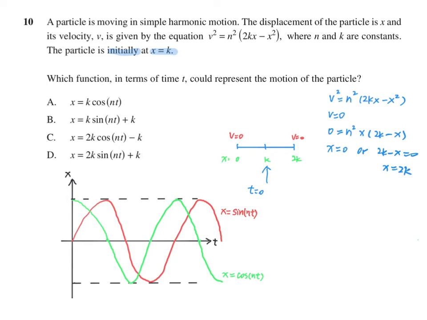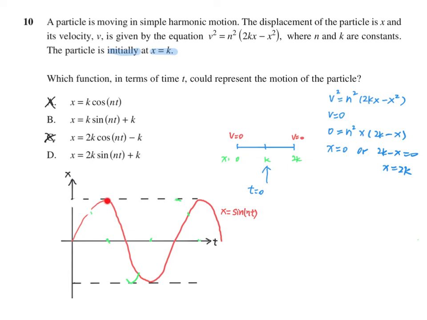Cosine is not what we need in this simple harmonic motion. Therefore, you can cross out all the options with cosine functions, and we only have B and D left.